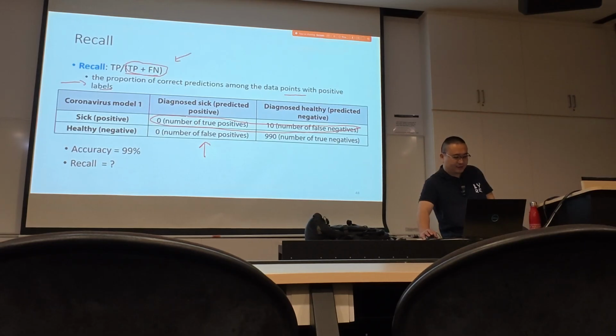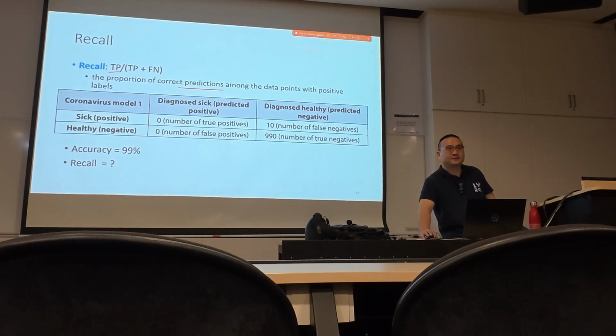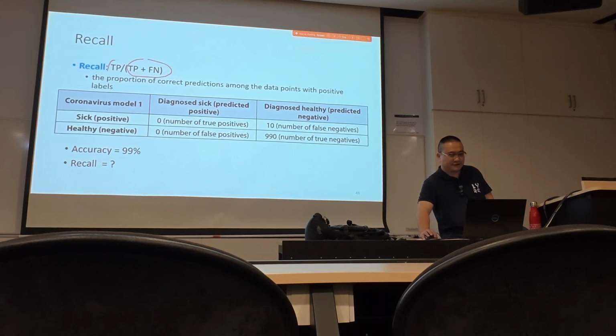And then in the numerator, because we want to calculate the correct predictions among all the positive samples, we have true positive. So now looking at the formula, you can understand what it is. This formula measures, among all the positive samples, the proportion of them that are correctly predicted.